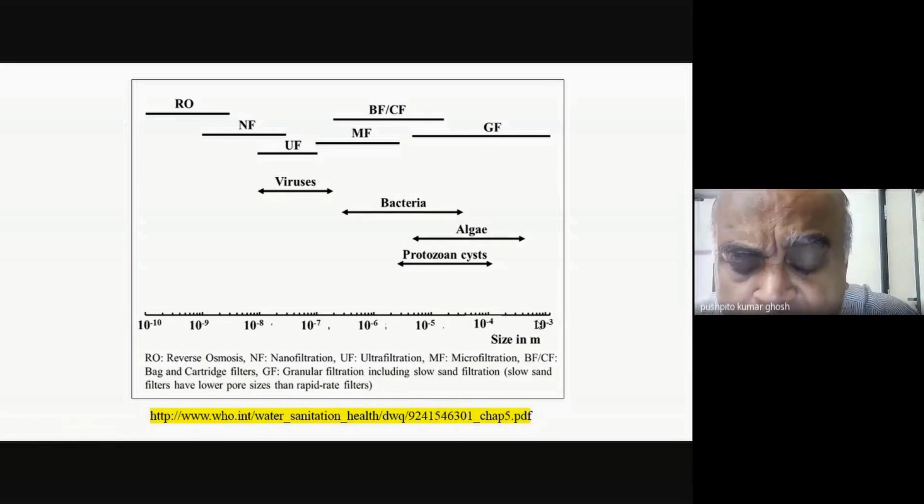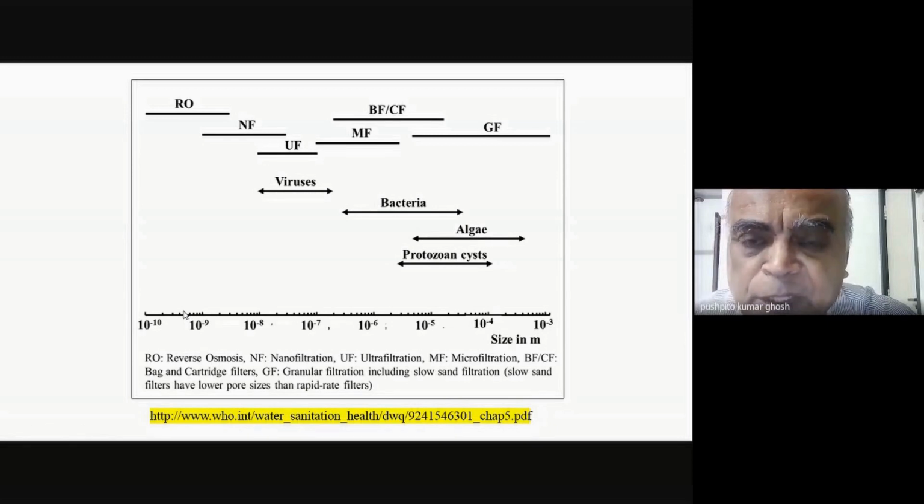You're talking about suspended impurities, which are removed with the help of the sand, things which have a relatively large size. Something like 10 to the power minus 3 meter means you're talking about maybe 1 millimeter to 0.1 millimeter size. And as you go in this direction, you come to the situation where the size is of molecular dimensions.